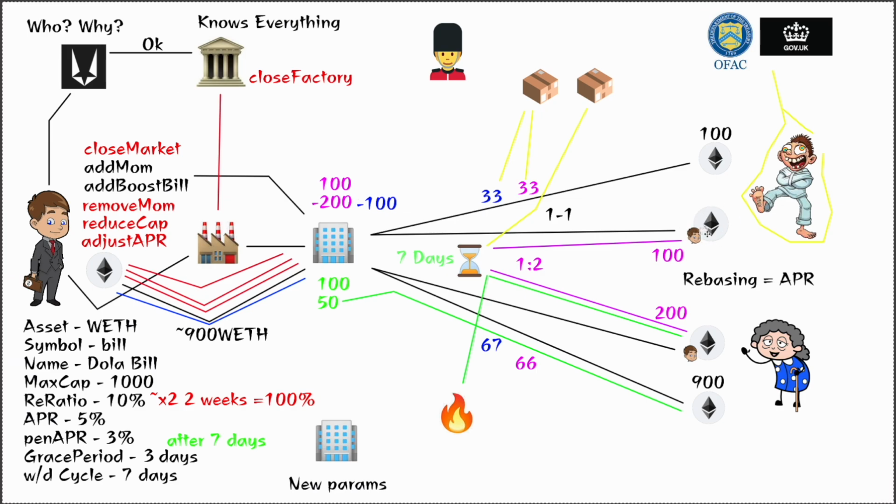So the Sentinel will wipe out all his bill WETH, and any ETH that he's supposed to claim, that somehow he figures out how to claim, the Sentinel will put into an escrow contract.